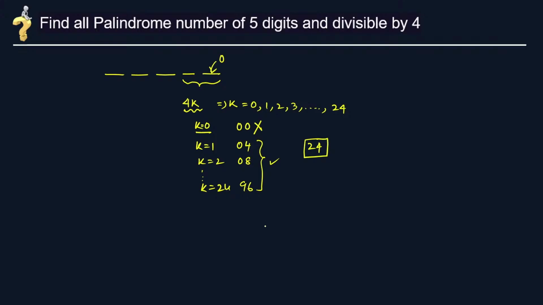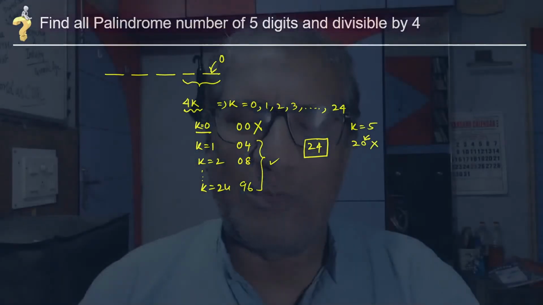But there is a problem. Suppose k takes the value 5. Then what will be the last 2 digits? The last 2 digits will be 20, which is again not accepted. Why? Because the last place is filled with 0. Getting my point? So your k cannot take the value 5, 10, 15, 20. Is it clear? Because otherwise the last digit will become 0, which is not accepted.